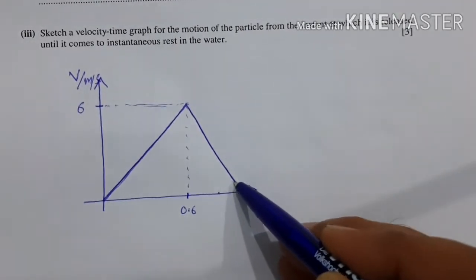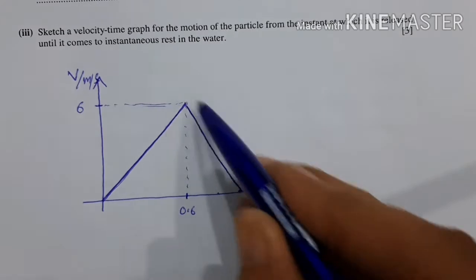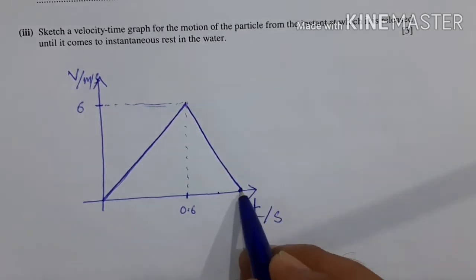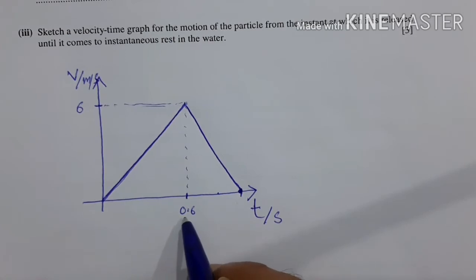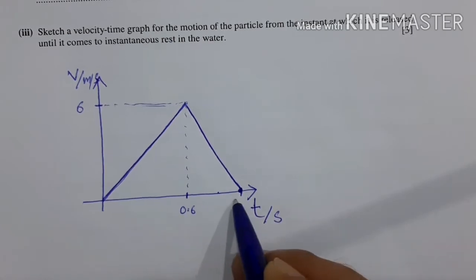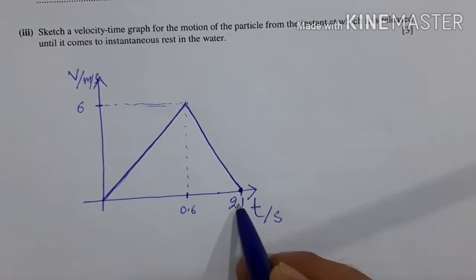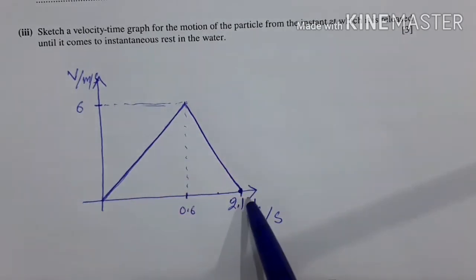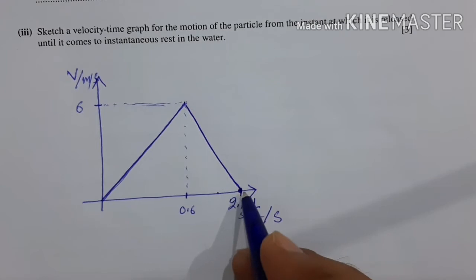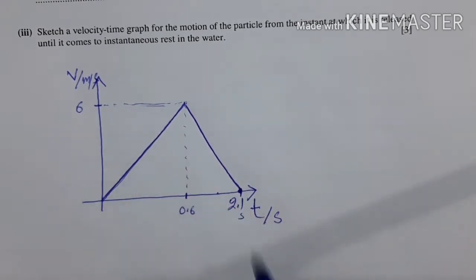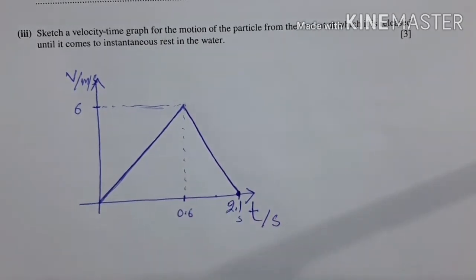This is the constant deceleration of -4, and this time is 1.5 seconds. So the total, 0.6 plus 1.5, is 2.1 seconds. At 2.1 seconds, the particle will come to an instantaneous rest. So this will be the velocity time graph for the particle.